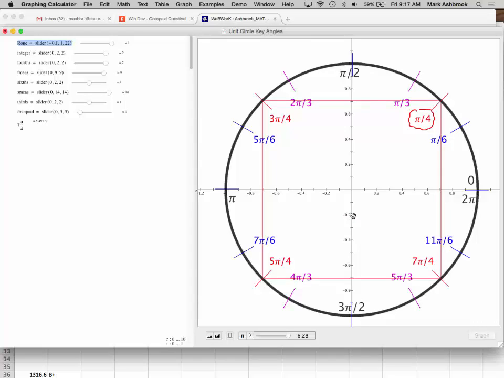Okay, so pi over 4 is the angle measure that is equivalent to 1/8 of a circle, right? Pi over 4 is the angle measure. And how is it that it's 1/8 of a circle?